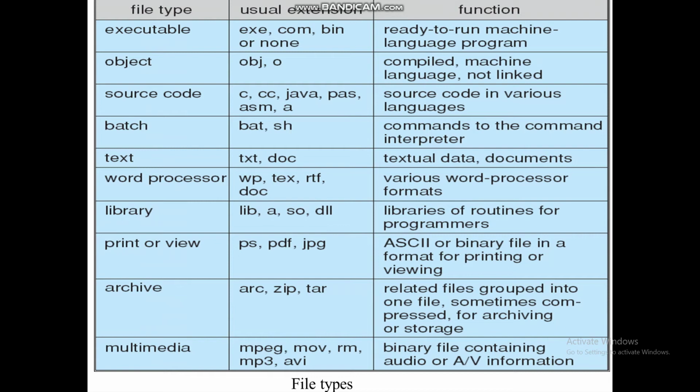Then dynamic link libraries, .dll, etc. Then print or view files such as PDF files, .pdf, .jpg, etc. Then archived files such as .zip, .tar, etc. And then multimedia files like .mp4, .mpeg, etc. That is, audio and video files with different extensions are multimedia files.